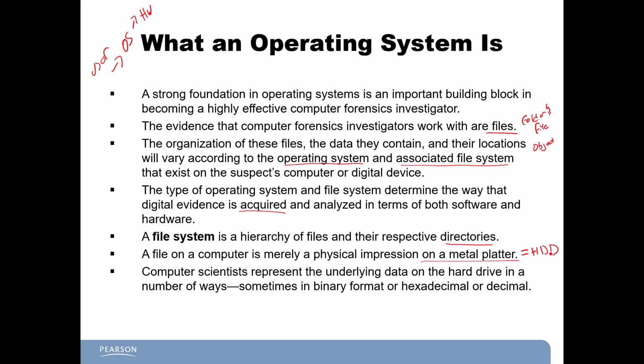It could be stored electronically in a flash memory chip if it's an SSD, or another electronically stored device that is not on a mechanical platter. Computer scientists represent the underlying data of the hard drive in a number of ways, normally in a binary format, 1 and 0. Is there electricity? Is there not? Binary, yes or no. 2 states: there is electricity or there is not, 1 and 0.